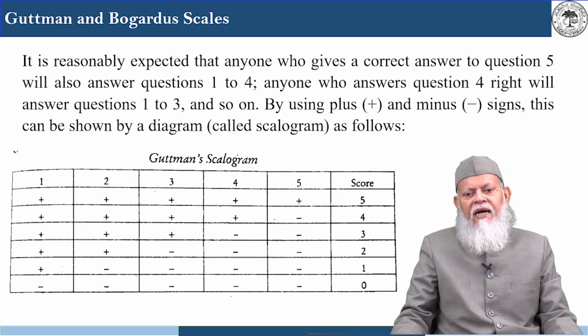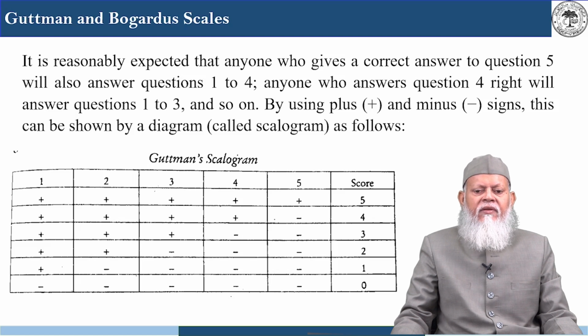Anyone who answers question 4 right will answer questions 1 to 3, and so on. So Guttman uses a plus sign and minus sign for making his scaleogram, and this can be shown by a diagram called a scaleogram as follows.